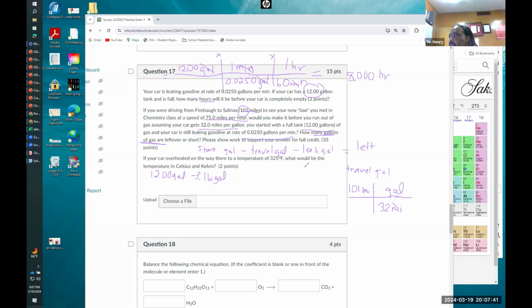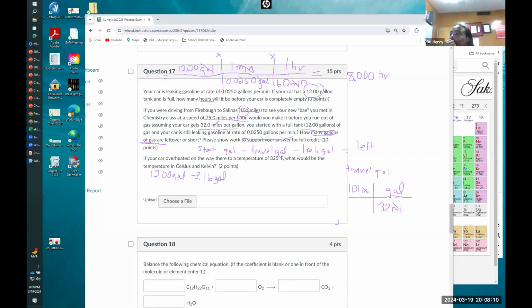So what about our leak gallons? How can I calculate that? Would it be 0.0250 gallons per minute times the 1.34667 hours times the 60 minutes per hour?